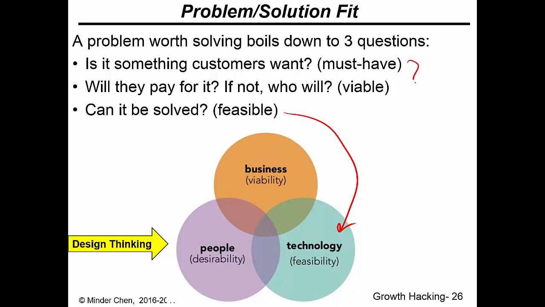And actually, these three questions match a framework that we use in design thinking, which means that we try to focus on people in terms of desirability. We then try to make sure that from a business side, this business is viable. And last but not least, on the technical side, we want to make sure the technology that we may want to develop is technically feasible.